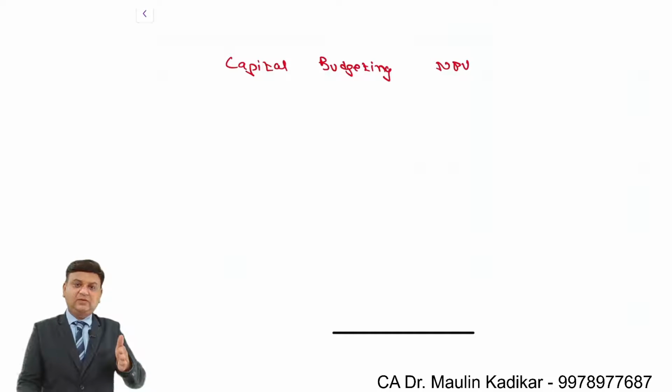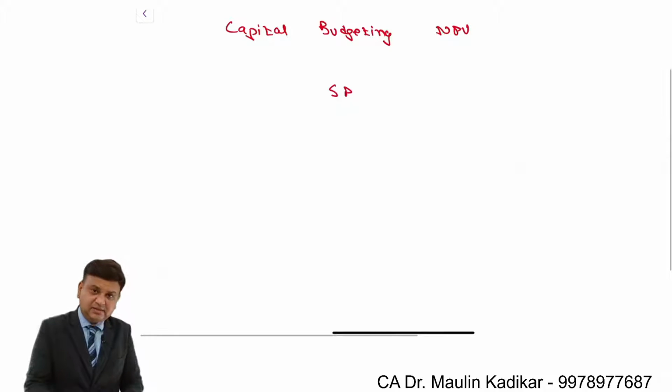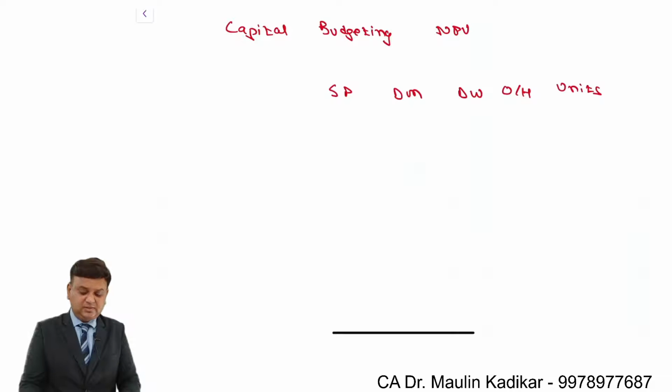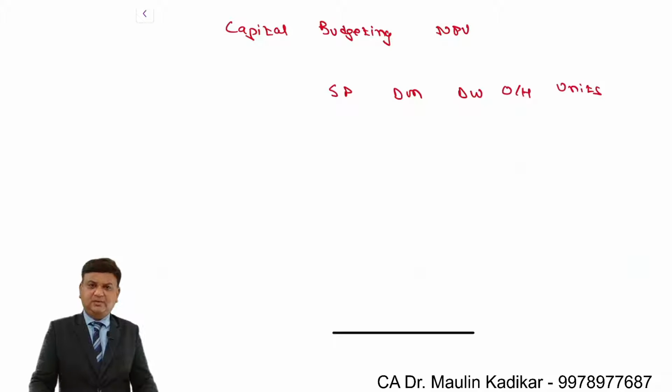Now NPV is calculated by taking into account the forecasted values in terms of the selling price, the direct material, direct wages, overhead, sales units, method of depreciation, life of the project, expected salvage value, investment, and so on.